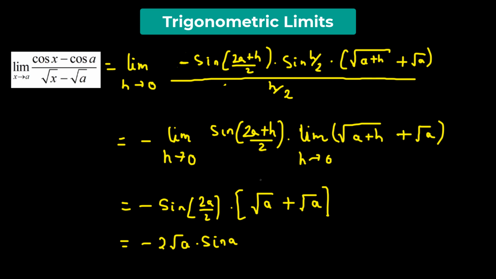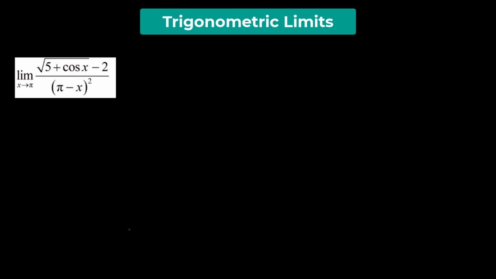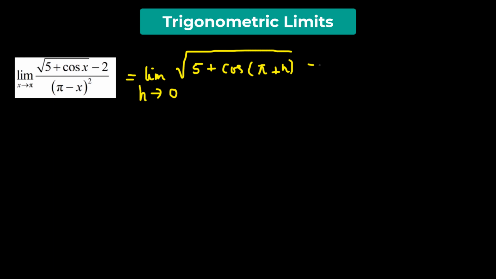So in this question, we need to determine the limiting value of the given function when x approaches pi. So let us begin by changing the limit. So we have the limit as h tends to 0 of the square root of 5 plus cosine of, so x will get replaced by pi plus h, minus 2, divided by pi minus, so we have pi plus h whole squared.